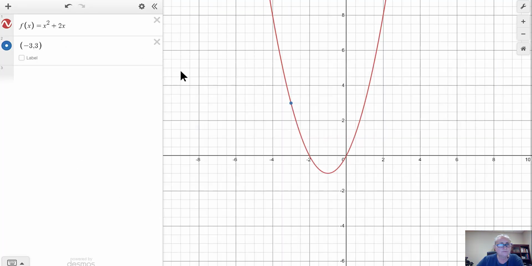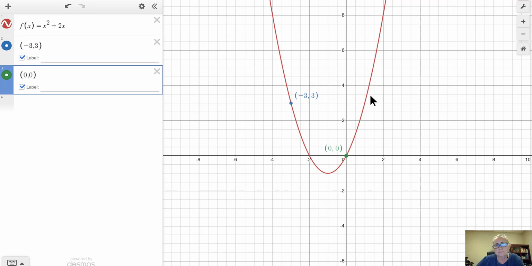So on my graph, I'm going to label and graph 0, 0. And by the way, this program is called Desmos, D-E-S-M-O-S. It's completely free, and if you need to visualize something, this is a great site to go to.